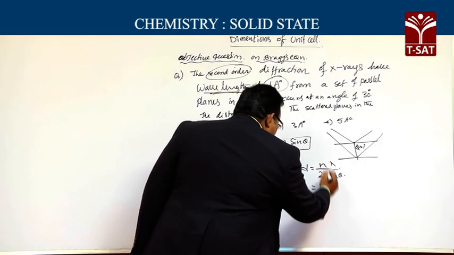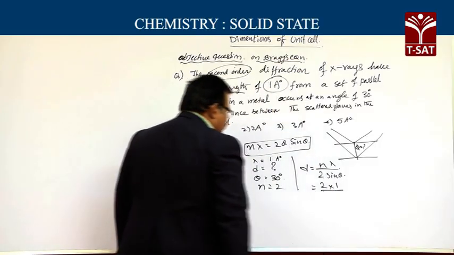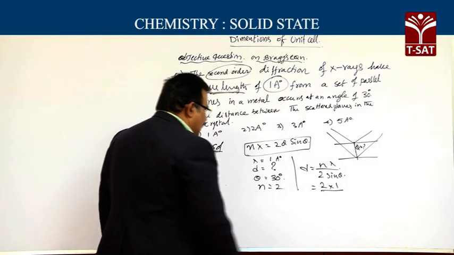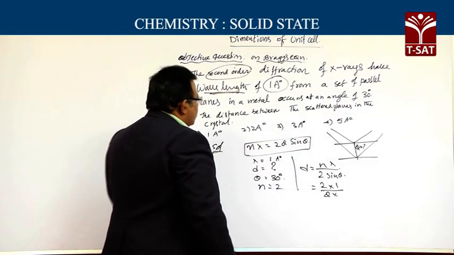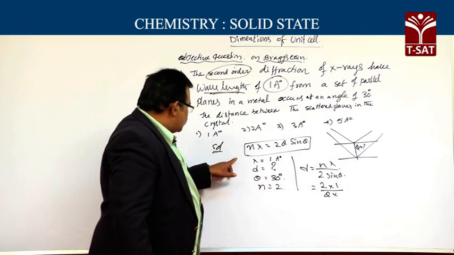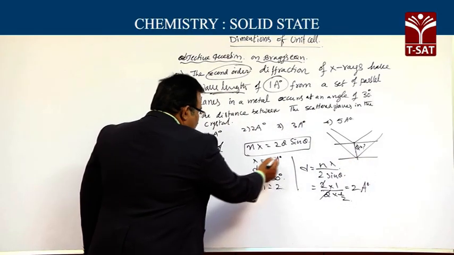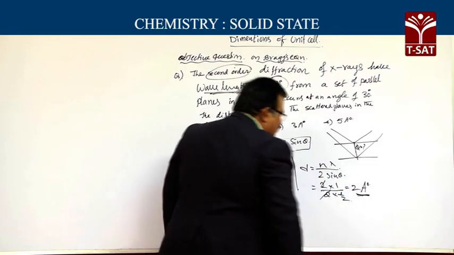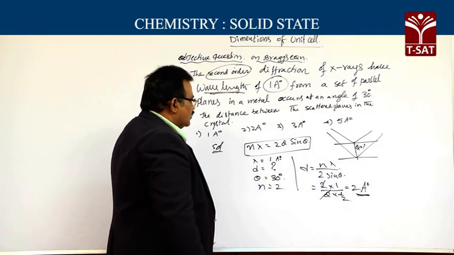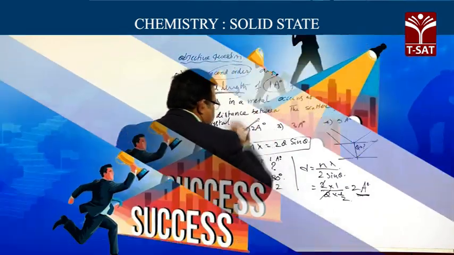Order of diffraction n is 2, wavelength is 1, and in the denominator 2. You know sin 30 is how much? Since the wavelength is in angstrom units, the distance is also represented in angstrom units. Now, the answer is the second option.